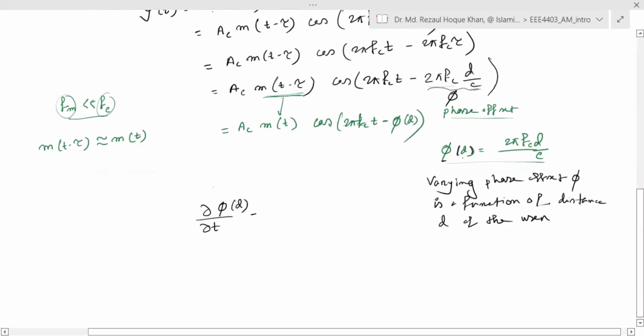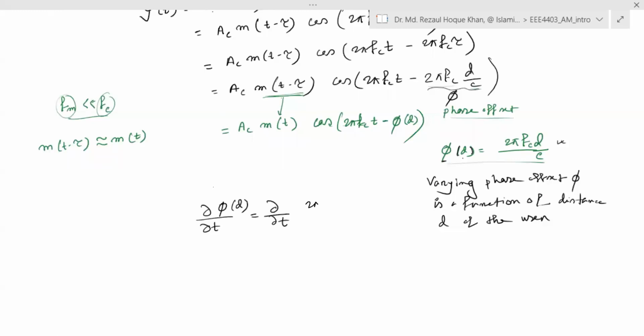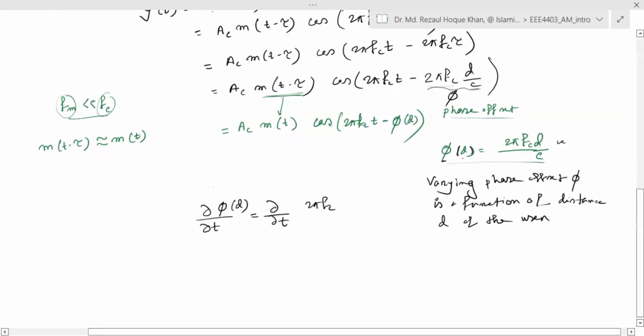What will happen? d by dt of 2 pi fc d by c. Only d is affected, and the other portion, fc by c, is a constant. So we differentiate d by dt.